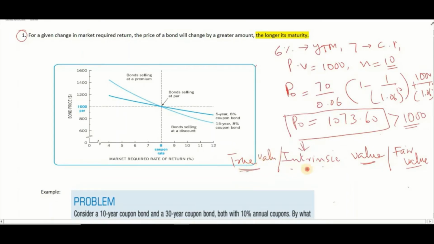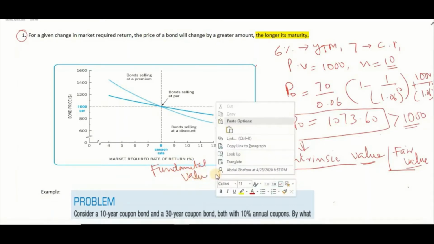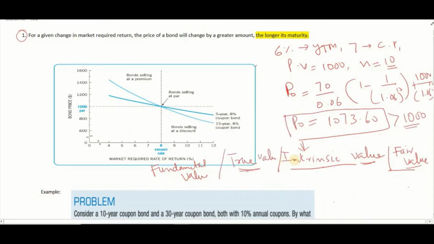Okay, true value, intrinsic value, and fair value, or you can also call it the fundamental value. Okay, why fundamental value? Because you have calculated this price using some fundamental information. You have incorporated the number of years, you have incorporated the other option that you could have got but are not investing in, and you have incorporated the coupon payments.